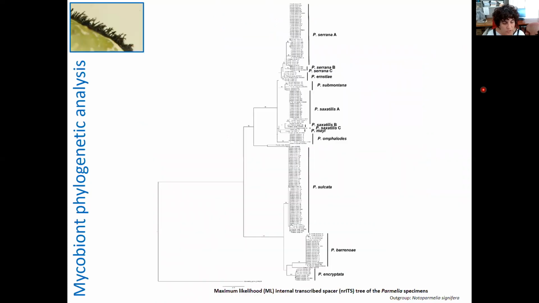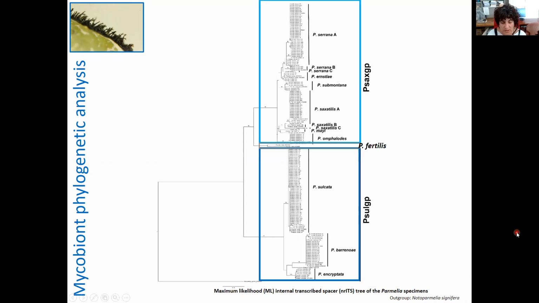The mycobionts were studied by carrying out phylogenetic analysis of the ITS region. This analysis was key to corroborate the accurate species identification and to segregate cryptic species. Newly obtained sequences were aligned with the ITS published in Beckett's previous DNA barcoding study and with Notoparmelia signifera as the outgroup.